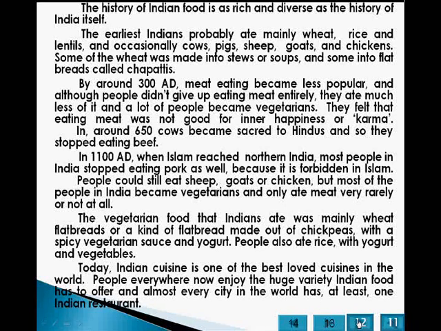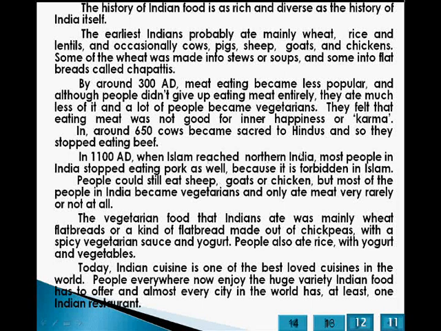Okay, is eating meat less popular? Did this happen in year 650? So, in order to answer such a question, you just have to look at the time, the date, and the event which is beside it. So let's say in 650, what happened? The cows became sacred to Hindus. Okay, and in year 1110 AD, what happened?